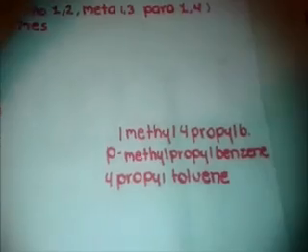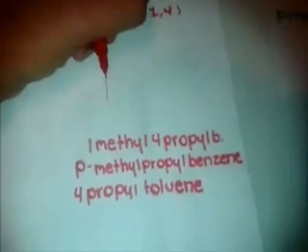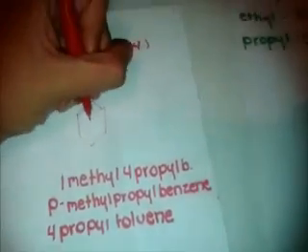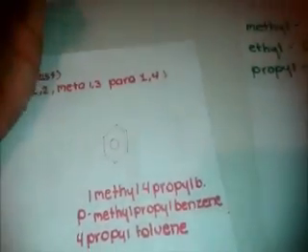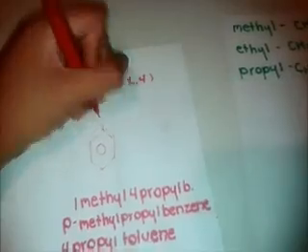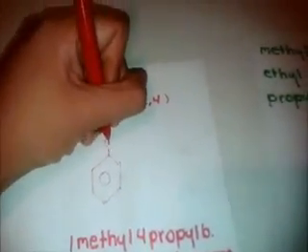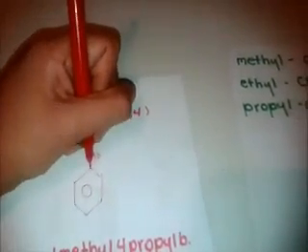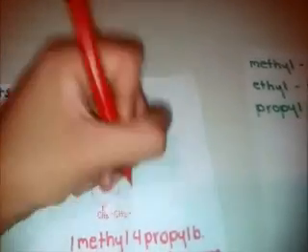In this example, we already have the name of the compound, so we have to do the structural formula. We start with the hexagon, and it is 1-methyl. Methyl is CH3. Then the 4 position: 1, 2, 3, 4. It will be propyl, that is CH2, CH2, CH3.